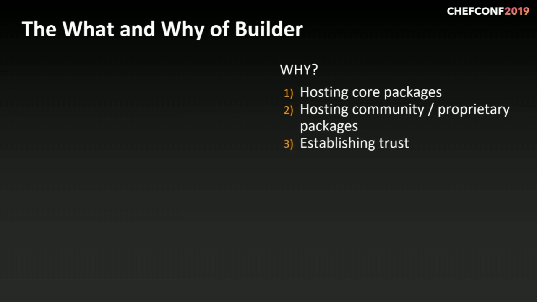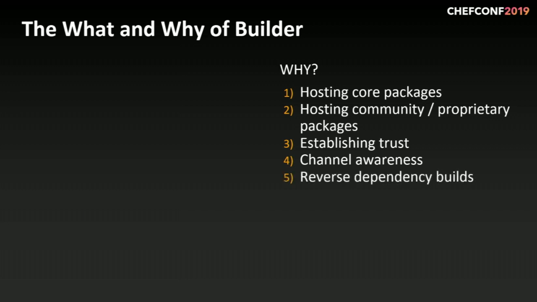Another question is about establishing trust, because you not only have to download a package, but you have keys that sign the packages, and keys that verify the packages. So that's got to come from somewhere. And then the channel awareness. If you're using Habitat, channels are a key part of the workflow, so that metadata has to be somewhere.